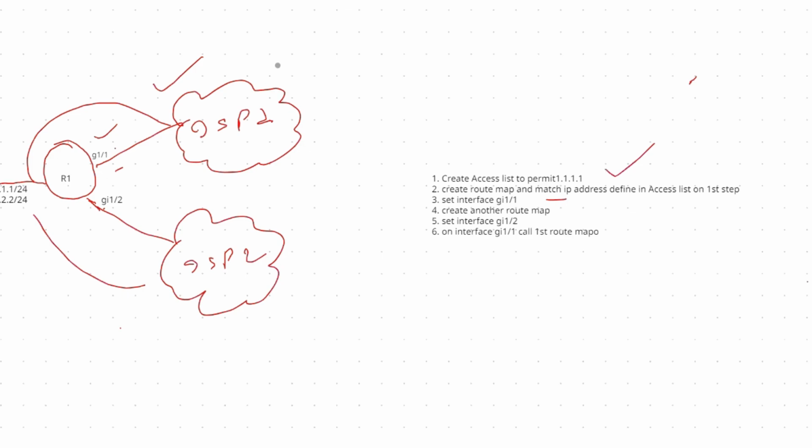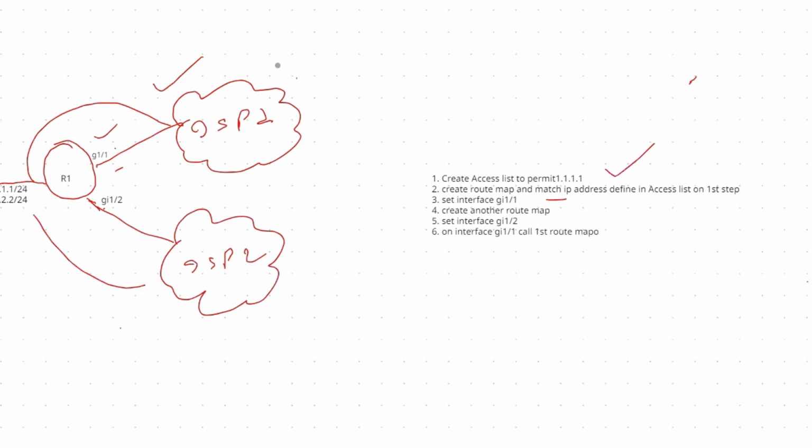So what exactly we are doing: permitting 1.1.1 via the access list, and then creating a route map where we are matching the IP address that we have defined in the access list, which will be 1.1.1. And then we are saying if it matches the condition, then your exit path should be gig 1/1, which is our original ask.